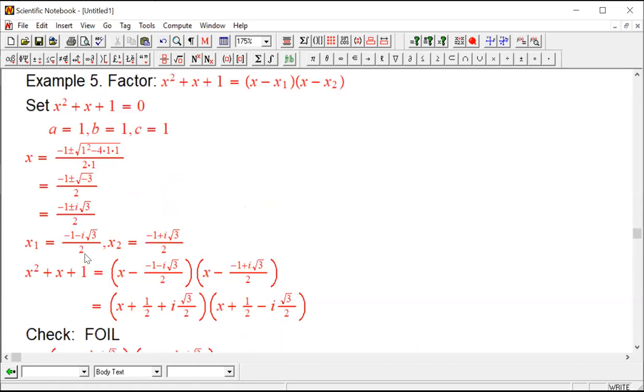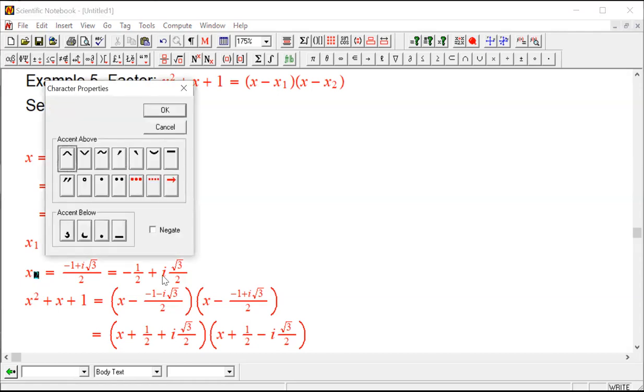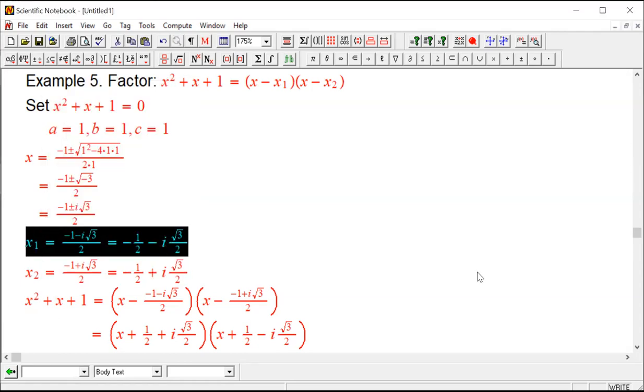If you write them in the form of a real part, which is negative half, minus i root 3 over 2, and the latter one, x sub 2, is negative half plus i root 3 over 2, so they are conjugate to each other. These just verify they are always conjugates.